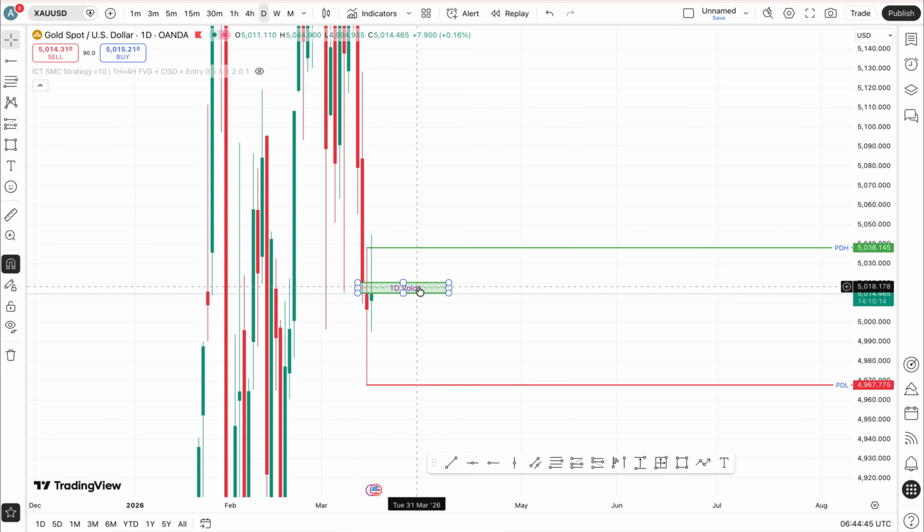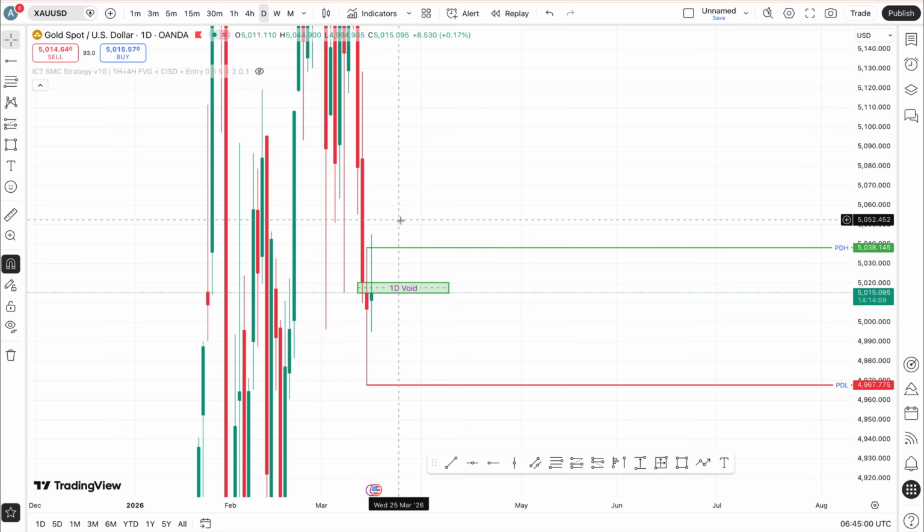A void is an area where the price moves quickly and inefficiently. These voids often act as magnets for price because the market tends to revisit them to rebalance them, which we can see that the market did and also took out the PDH.